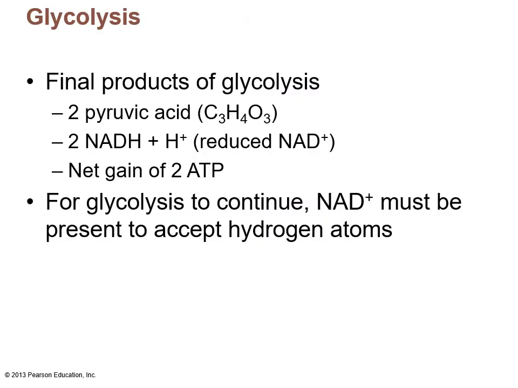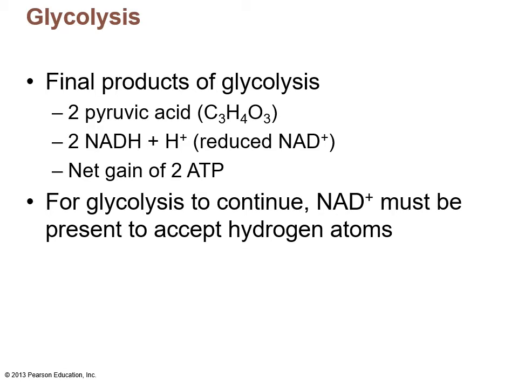So the final products of glycolysis, splitting the glucose: 2 pyruvic acid, don't worry about the formula. You get 2 of those nicotinamide adenine dinucleotide, okay? They picked up some passengers there, so they got some H's on there from the glucose, and you make 2 ATPs.